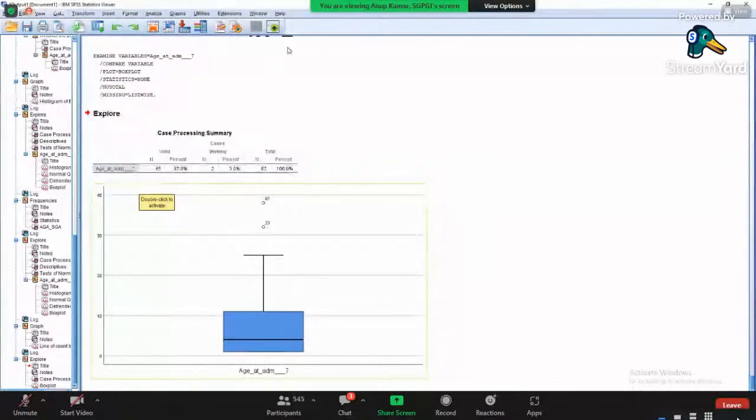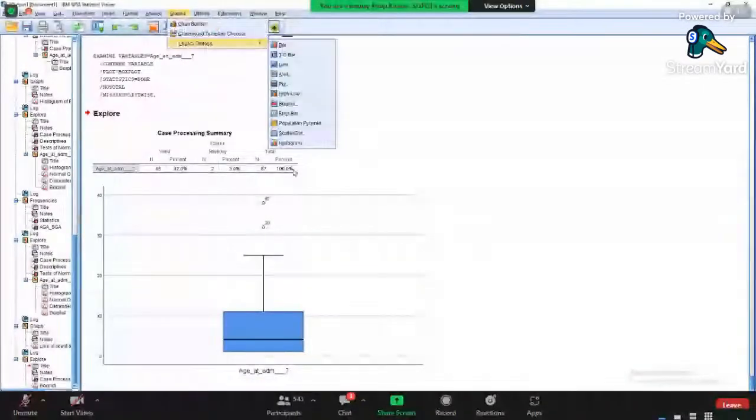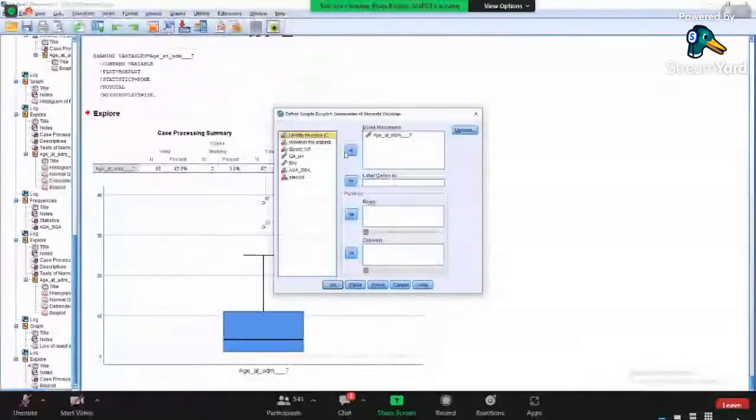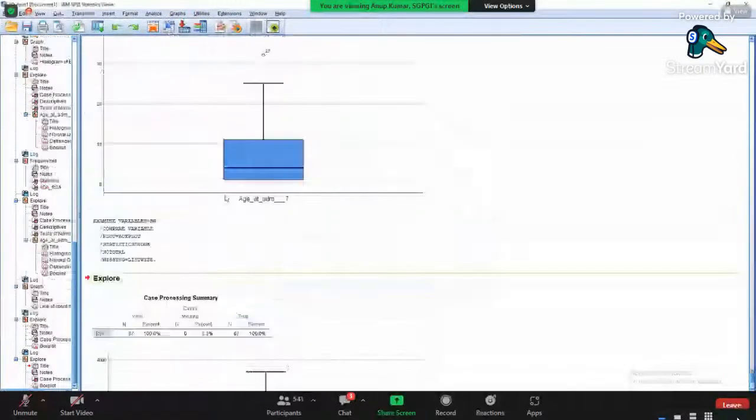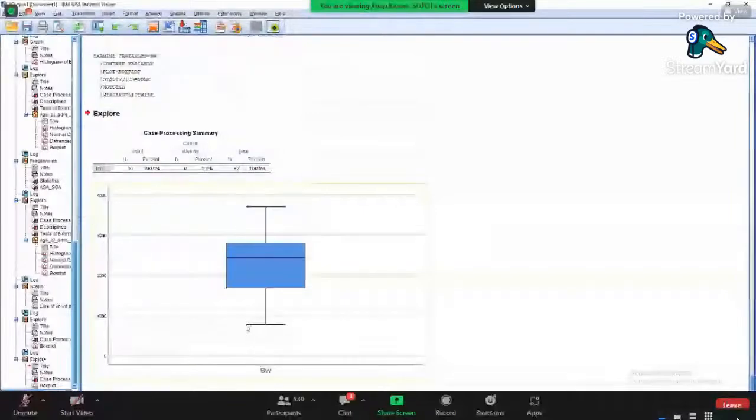If I plot the box plot for another variable, simple, define, and instead of this I take the birth weight of the babies in gram, and click OK. Here you can see the distribution of birth weight of the babies in this data of 67. The minimum value is around 980 gram, the maximum is around 3800 gram.